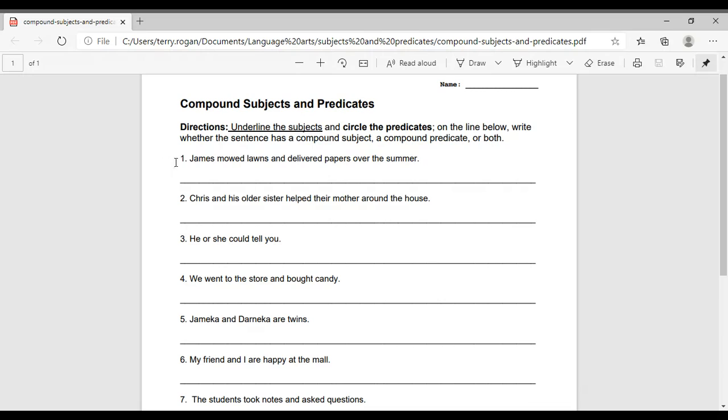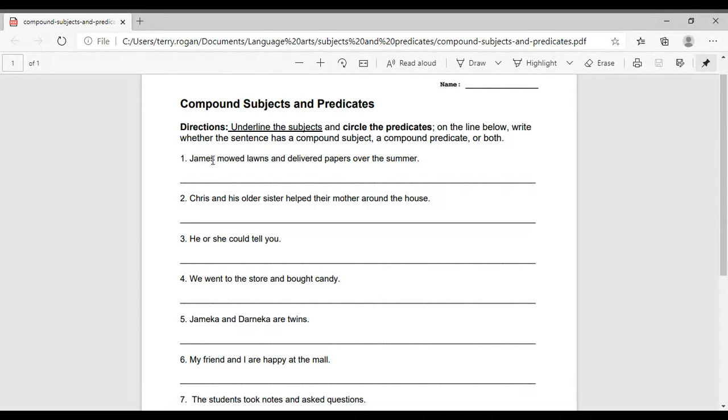So if we look at this first sentence, James mowed lawns and delivered papers over the summer. And here's my favorite way of figuring out a subject. I say, who or what did something in this sentence? Well, James did. Only James. So this does not have a compound subject.